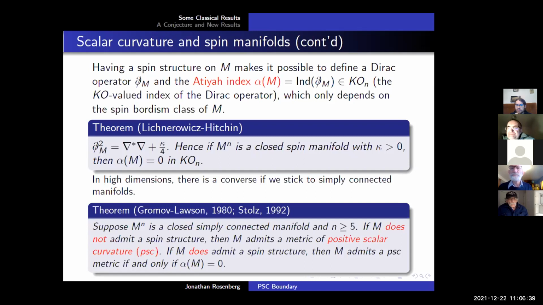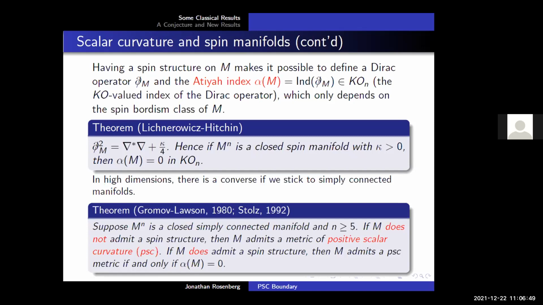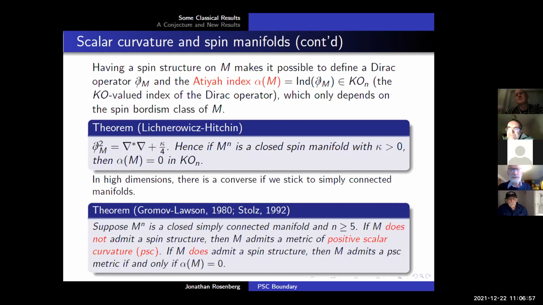Anybody else? May I ask a question? Sure. What about replacing the spin group by spin C, for the price, for instance, of tensoring the Dirac operator with some complex line bundle? Oh, so does it change a lot?